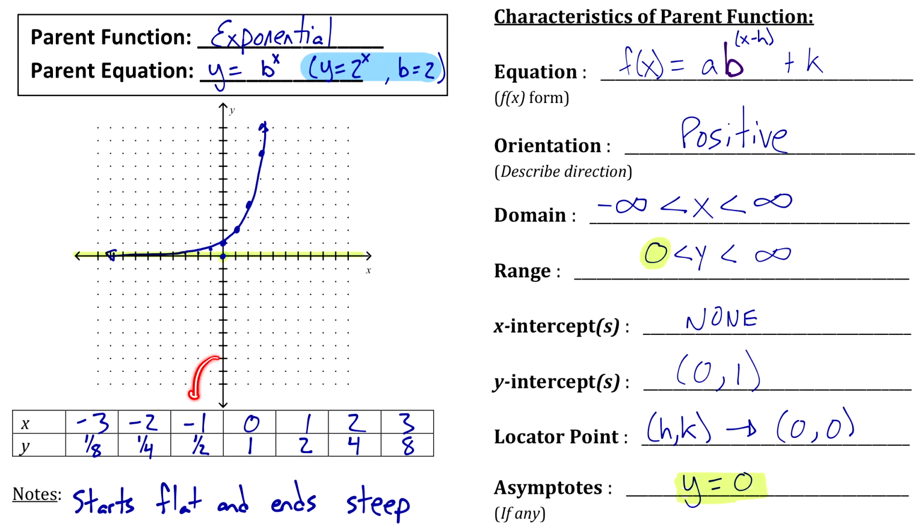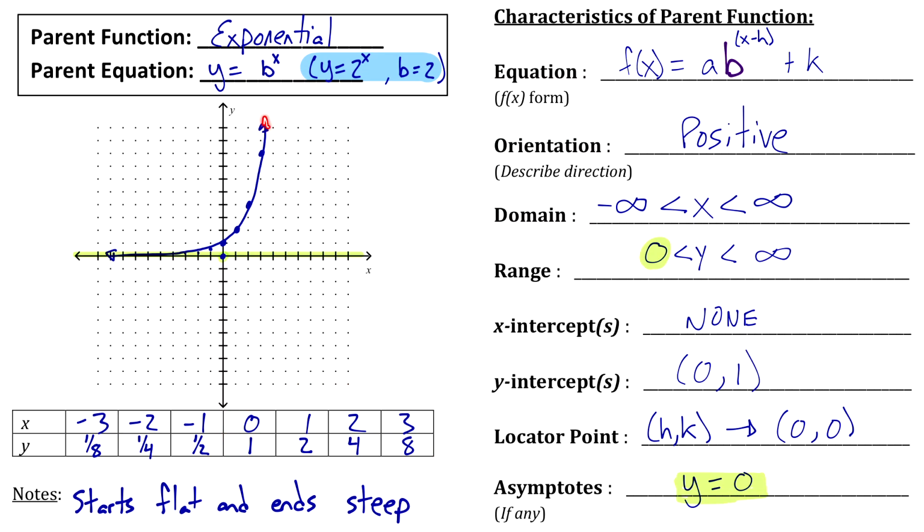And then as soon as I go to negative 1, again, I'm cutting 1 in half. That's 1/2. And then I cut that in half, that's 1/4. And I cut that in half and I get 1/8. These y values are getting really, really tiny, so tiny that it becomes almost impossible to graph. So you just kind of have to do your best in graphing those. The easier ones would be over here.